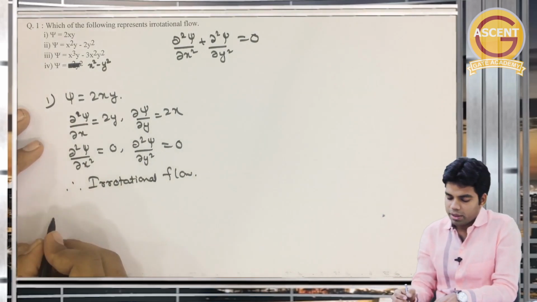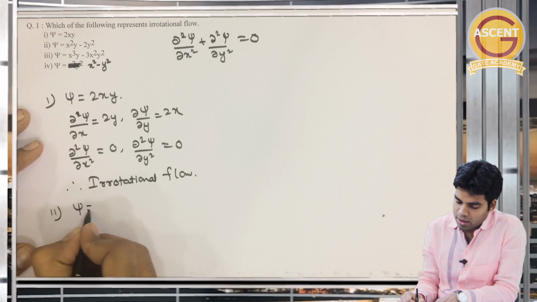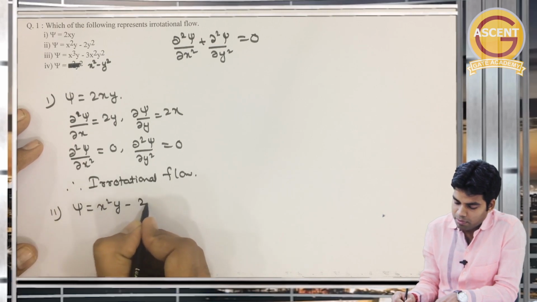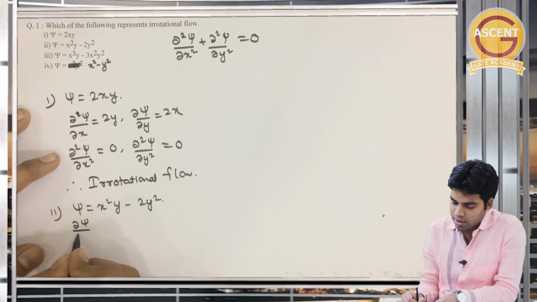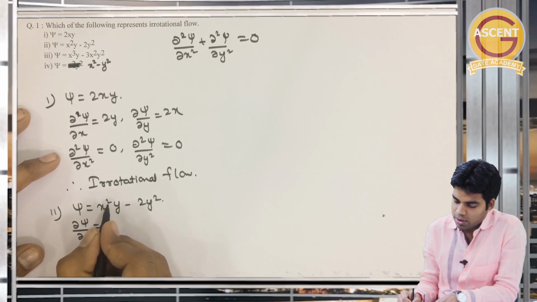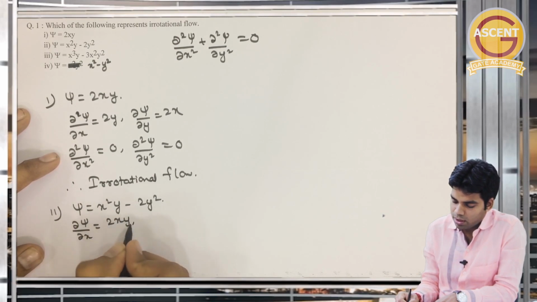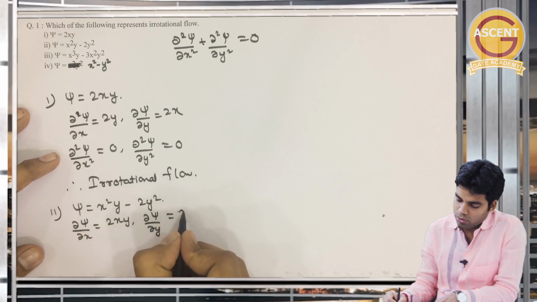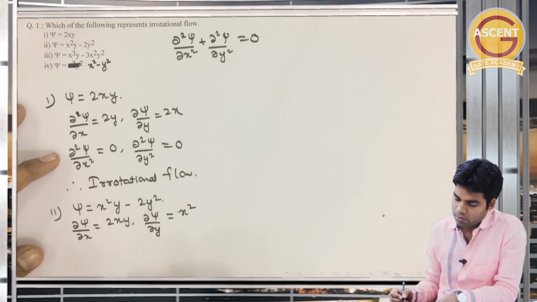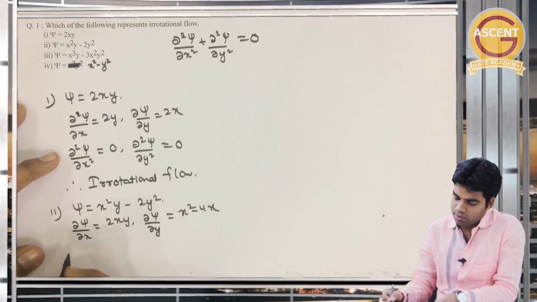Clear or not? Okay, next, psi is equal to x square y minus 2y square. Now del psi by del x is equal to 2xy, del psi by del y is equal to x square minus 4y.